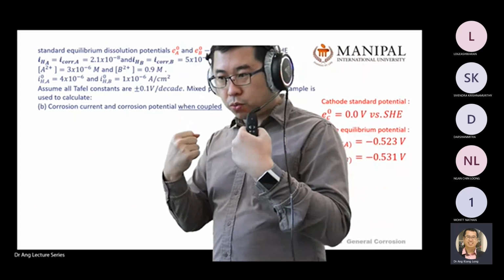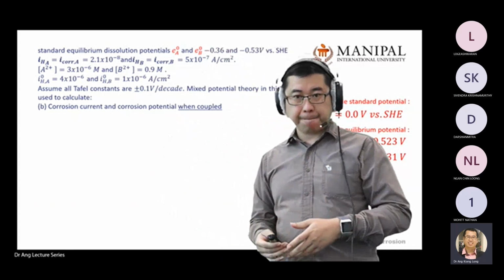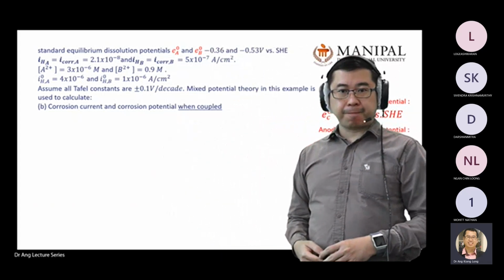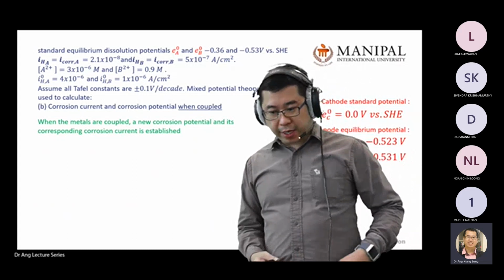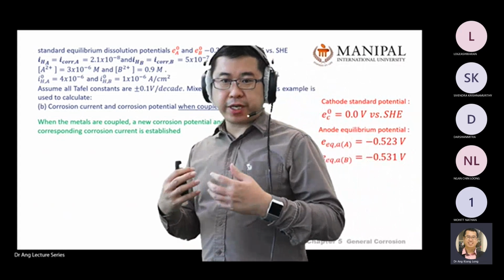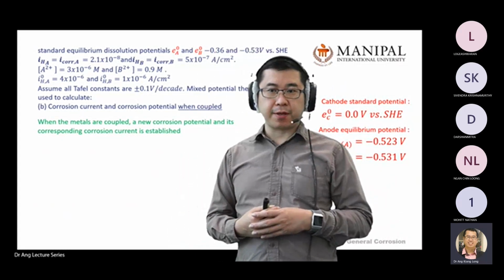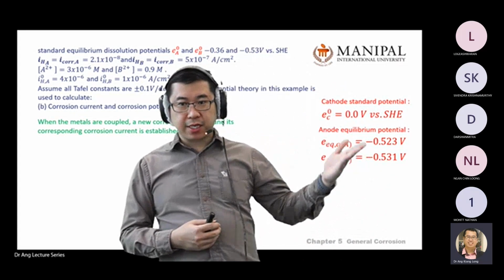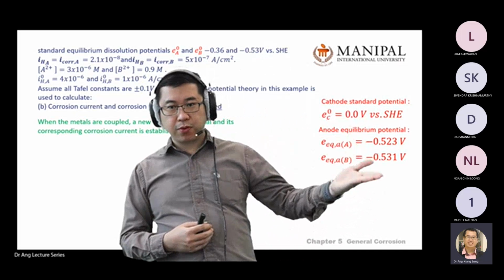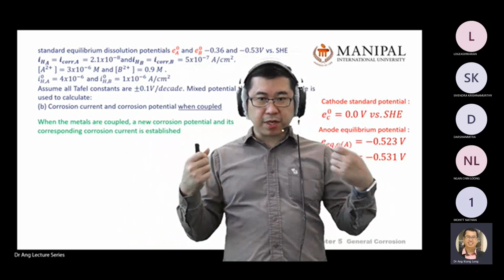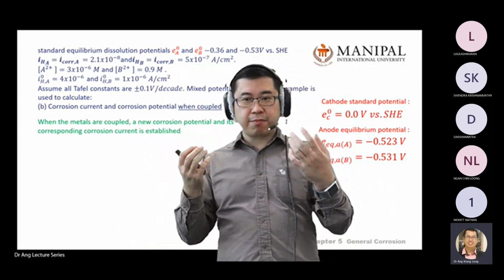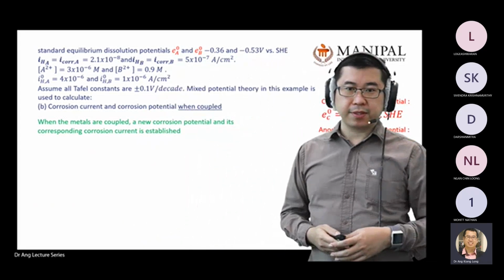What happens when two metals join together? When two metals join together, again, you need to change the constants inside there. The ones that you see here are from before they join together. In section B, when they join together, a galvanic process happens.